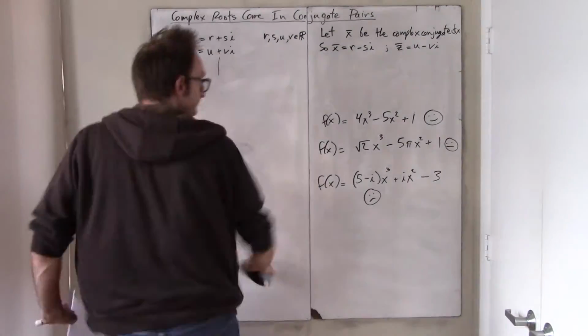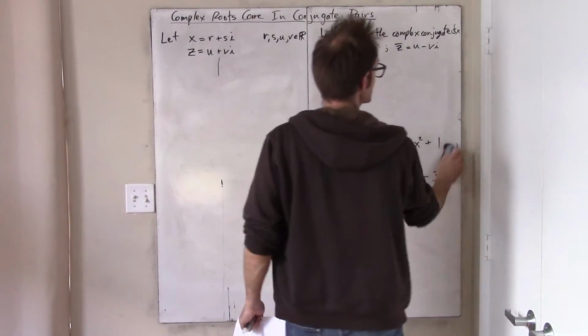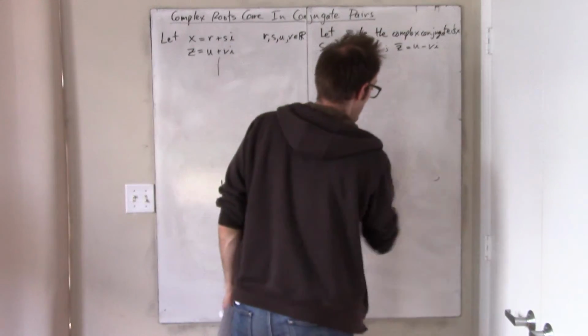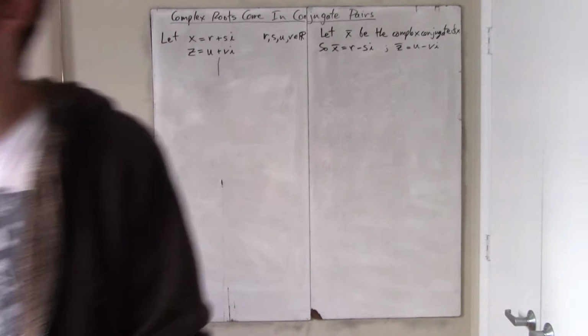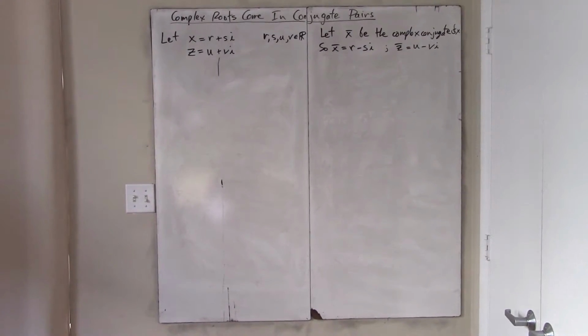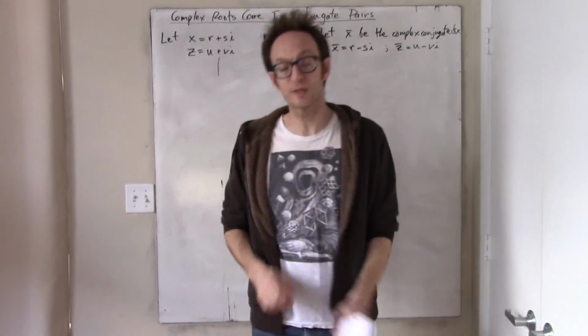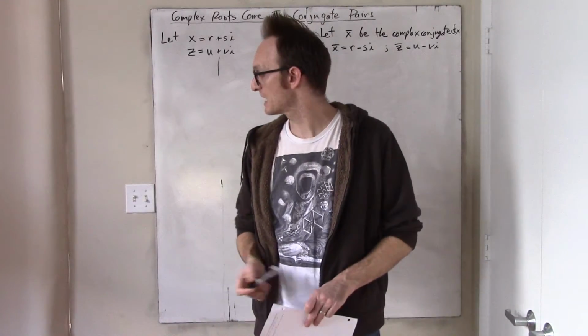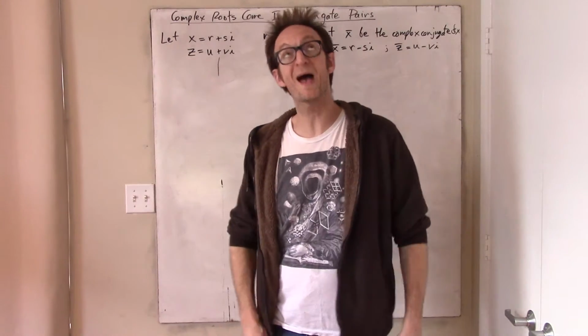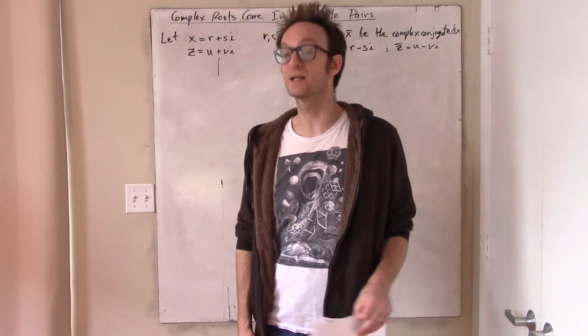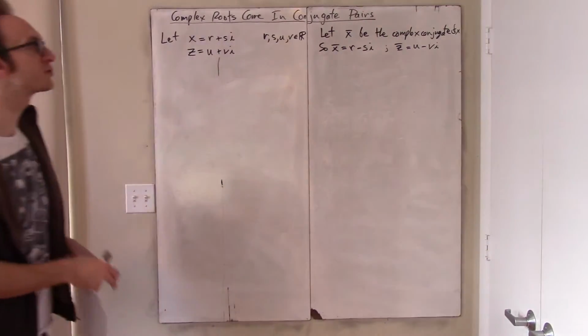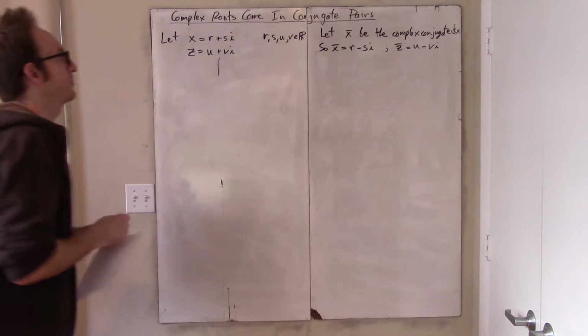So we will find that our polynomials often have complex roots, and there is a big fact about these kinds of polynomials, and that is that complex roots come in conjugate pairs. Okay, so you may have heard of this before.